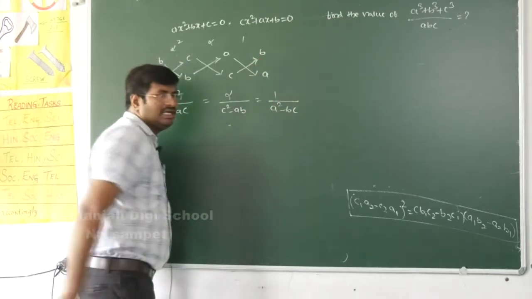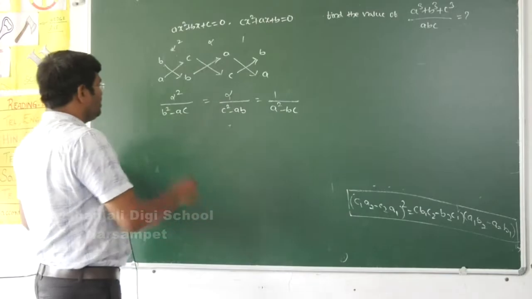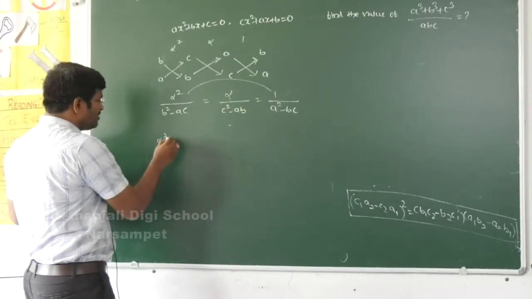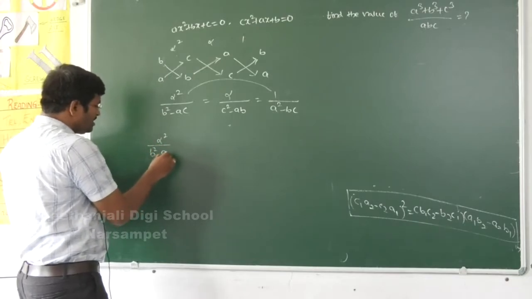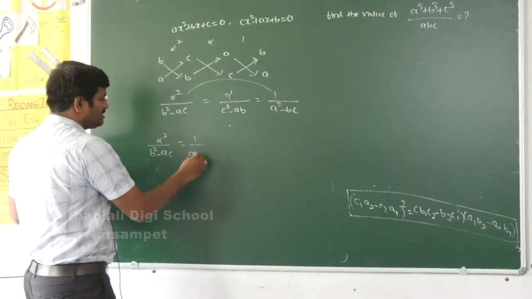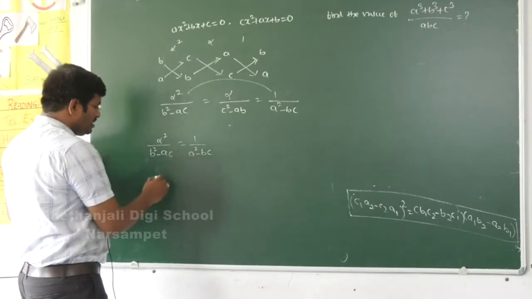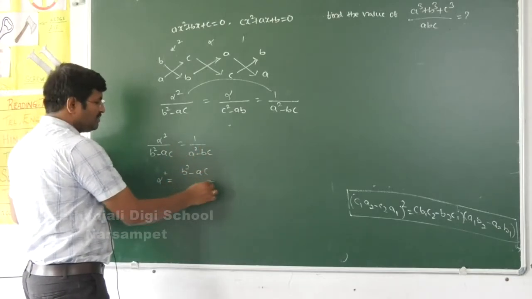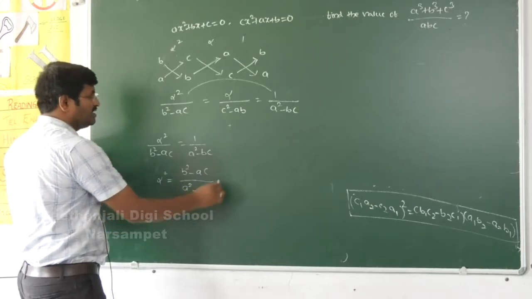Now equate these: alpha square by b square minus ac is equal to 1 by a square minus bc. Then alpha square is equal to b square minus ac by a square minus bc.